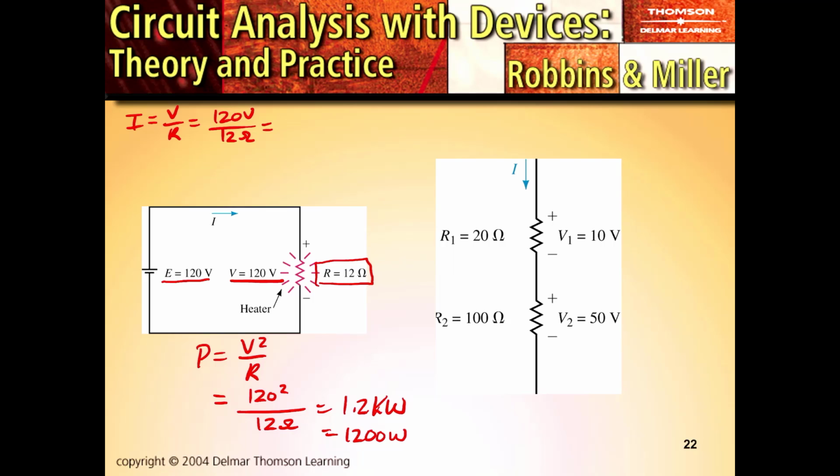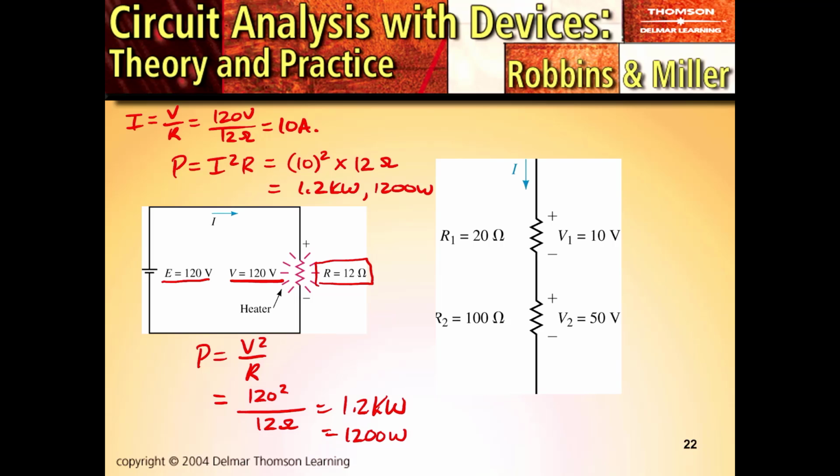We can come up with a 10 amp value of current. We can determine P by I squared R, which would equal 10 squared times 12 ohms, which would equal 1.2 kilowatts once again, or 1200 watts.